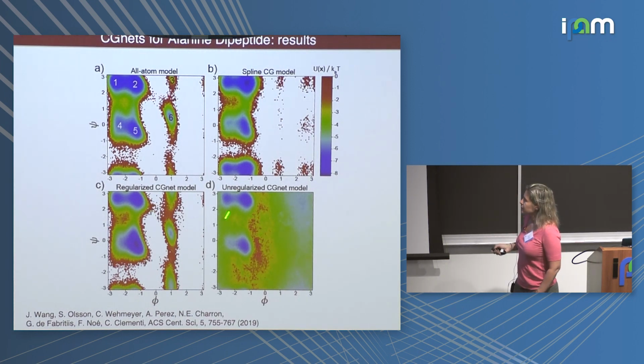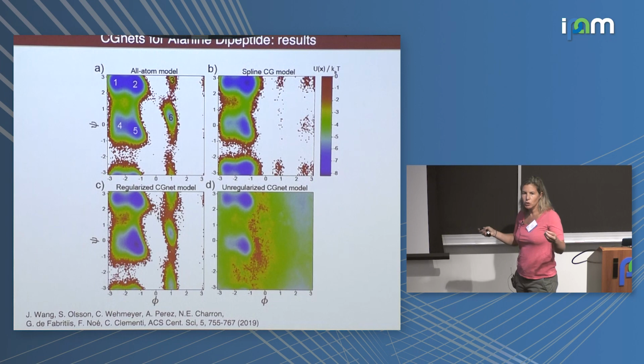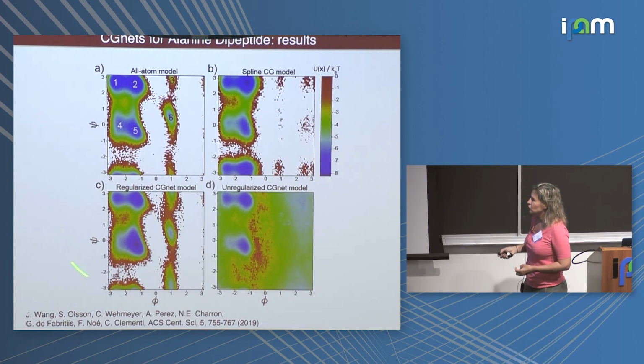This is what we get if we don't regularize it, if we don't use the prior energy. You get the minima, but then the network can go everywhere, even in regions that are forbidden in physical space. For instance, you can overlap beads, you can strain bonds and stuff like this, while if you use this prior energy, you get the correct minima and the correct shape for the free energy.